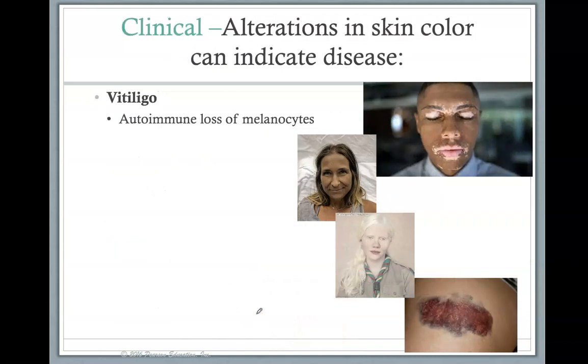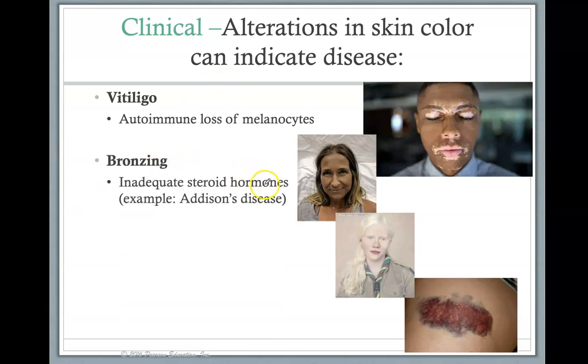A couple other different skin conditions. Vitiligo is oftentimes an autoimmune disease that actually attacks the melanocytes. So you end up with a loss of melanocytes in certain areas, and of course then the melanocytes can't produce melanin, so you have no melanin production in those areas.